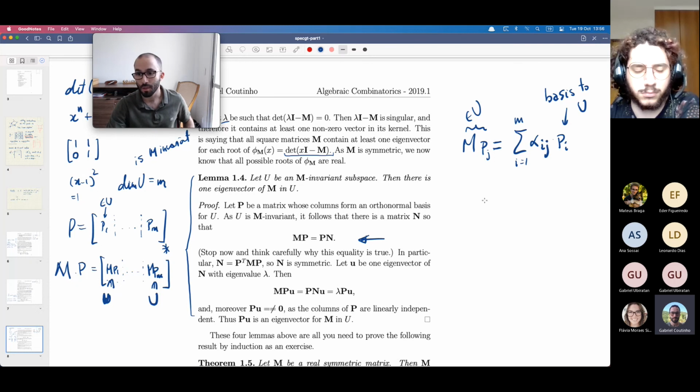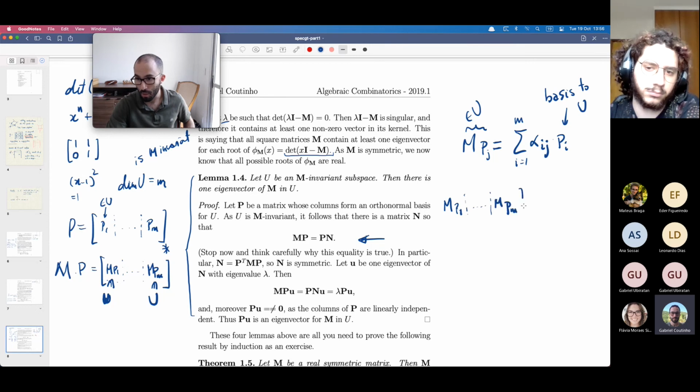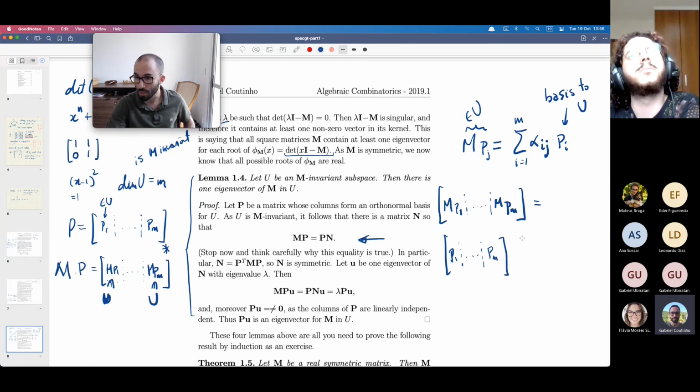Okay. So now it's not difficult for you to realize that M P1, up to PM, is now equal to the same P1 up to PM, but now multiplied by a matrix on the right.